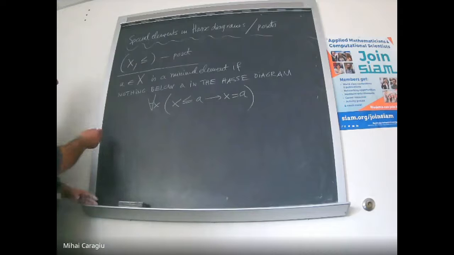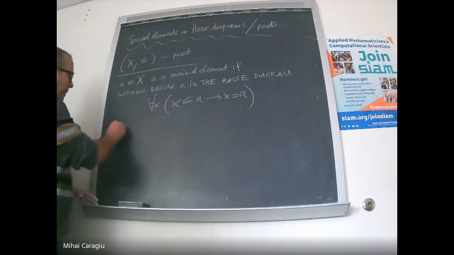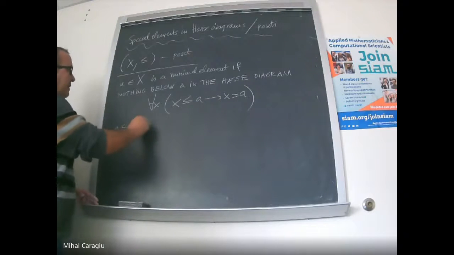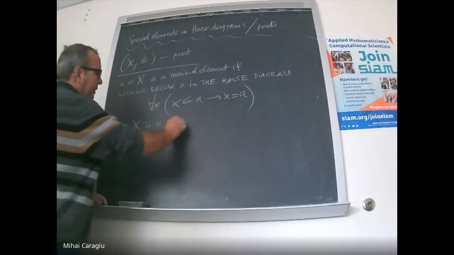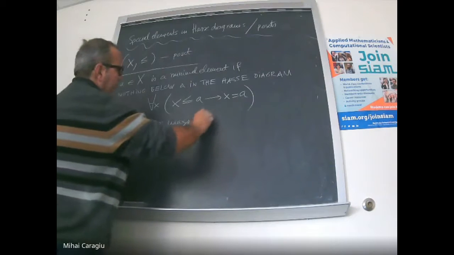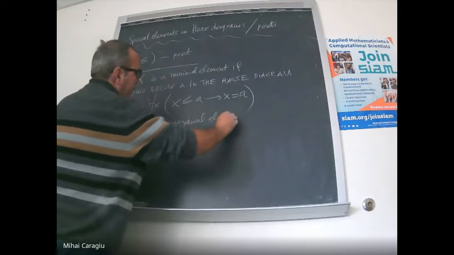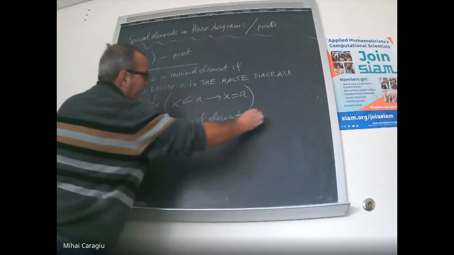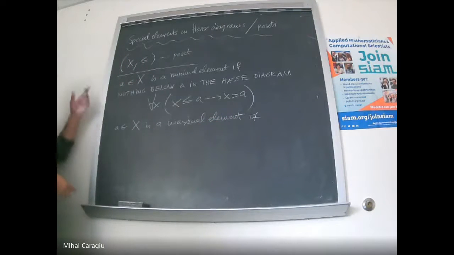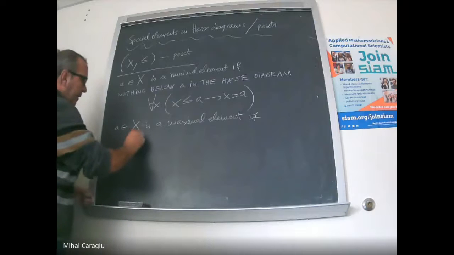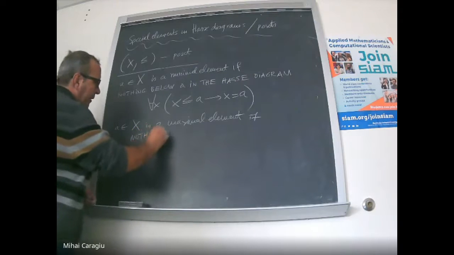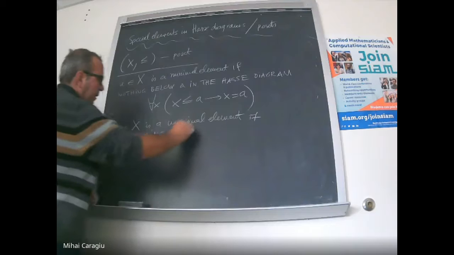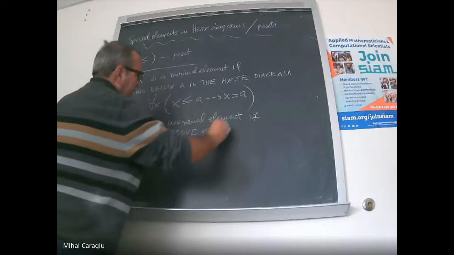So, what about the maximal element? A belonging to the poset X is a maximal element if there is nothing above it. So nothing above A in the Hasse diagram.